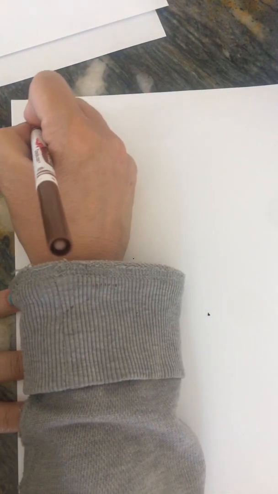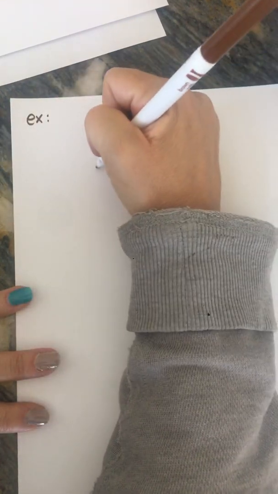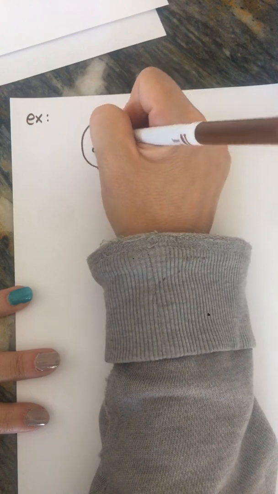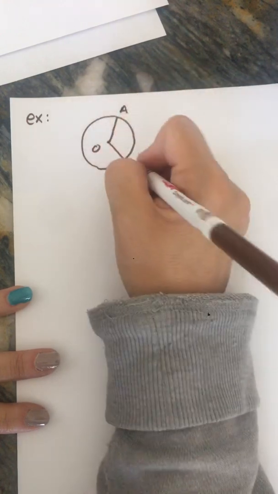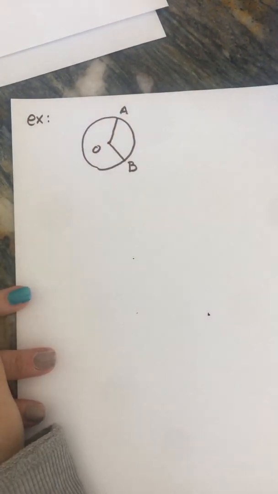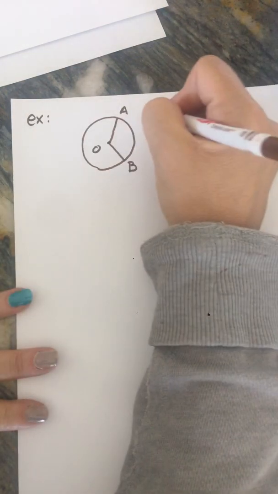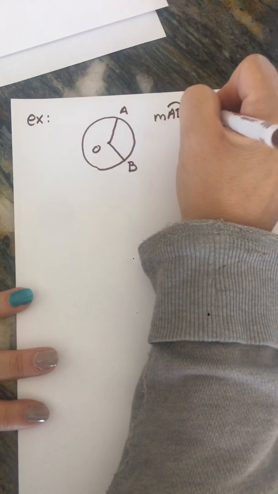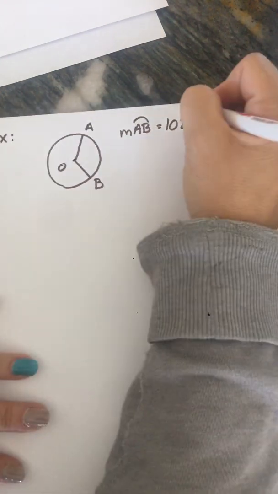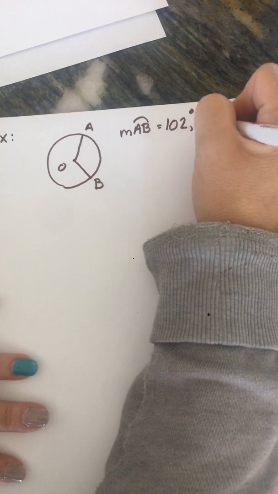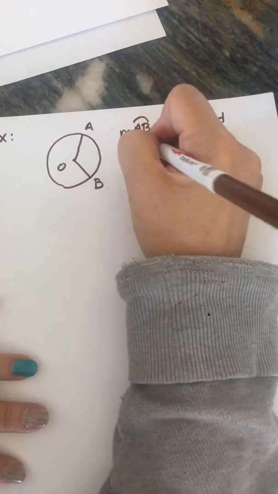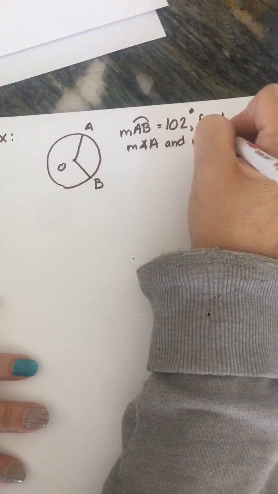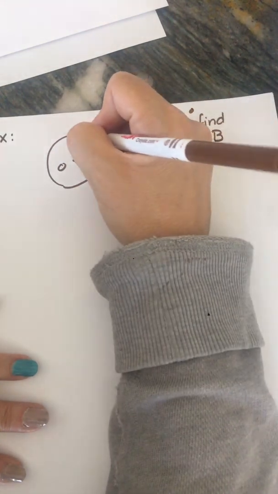All right, example. Here we go. Here's our circle. This is circle O, and we've got this angle here. We know that the measure of arc AB equals 102 degrees. Find the measure of angle A and the measure of angle B. And I forgot a line that is very important in this picture.